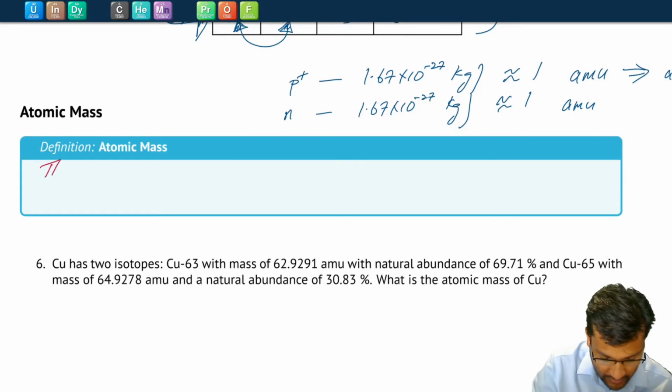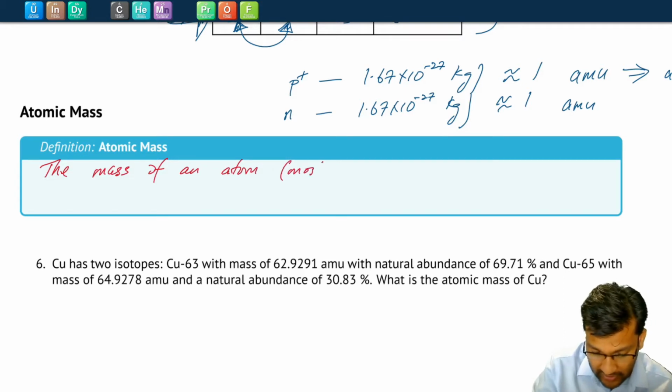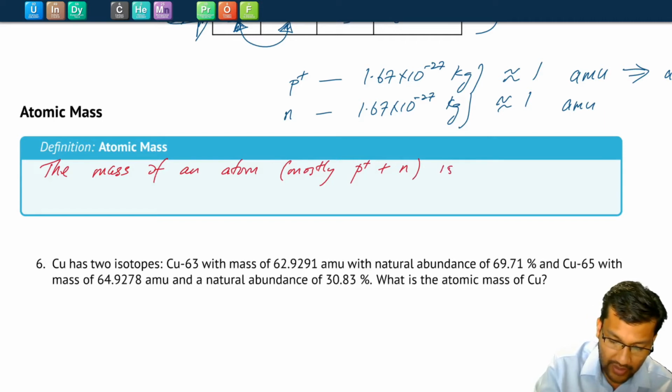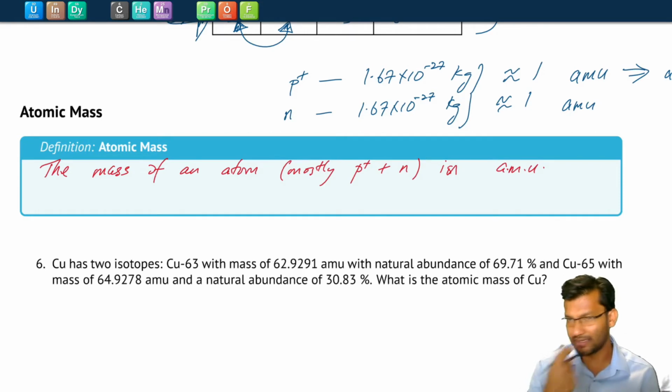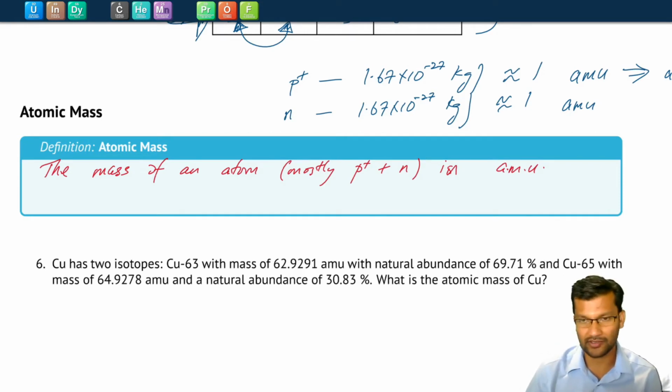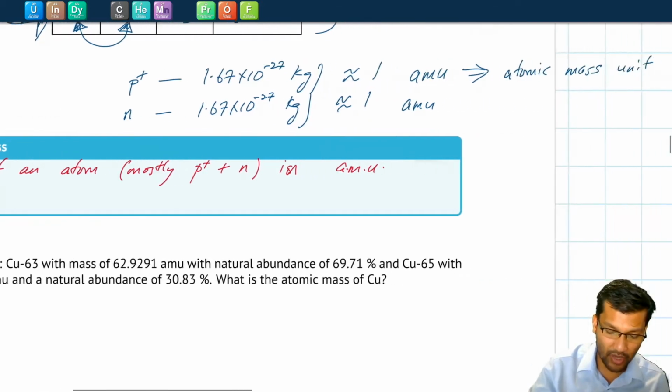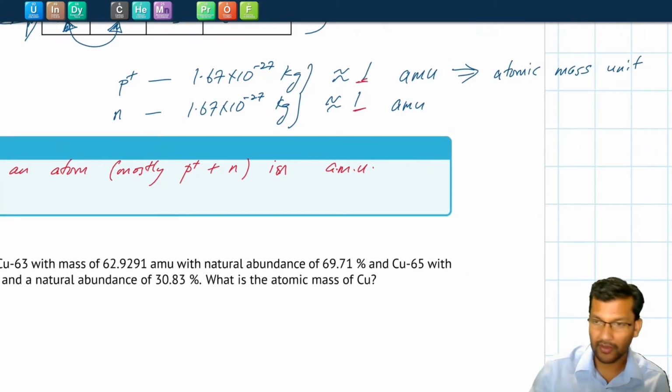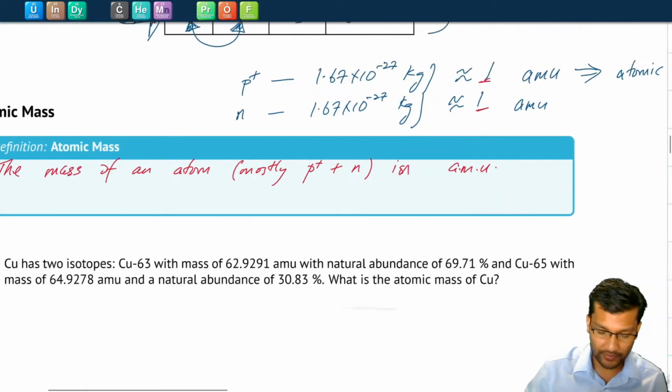So it's the mass of an atom, mostly just protons plus neutrons, in atomic mass units. Because the electrons are so light, you need a lot of electrons to even change the atomic mass. But it's roughly the number of protons plus the number of neutrons. Since they're not exactly one, but very close to one, you get almost whole numbers.